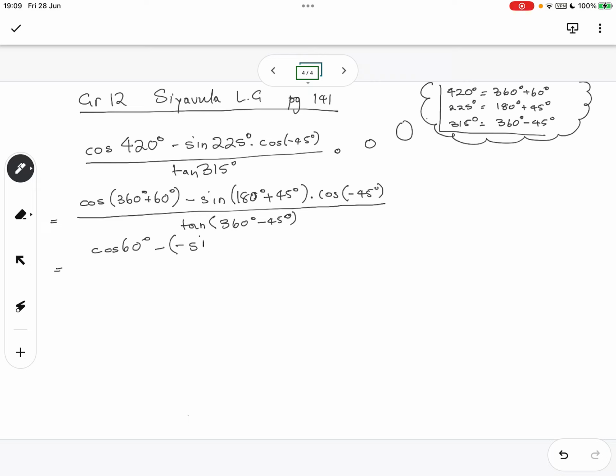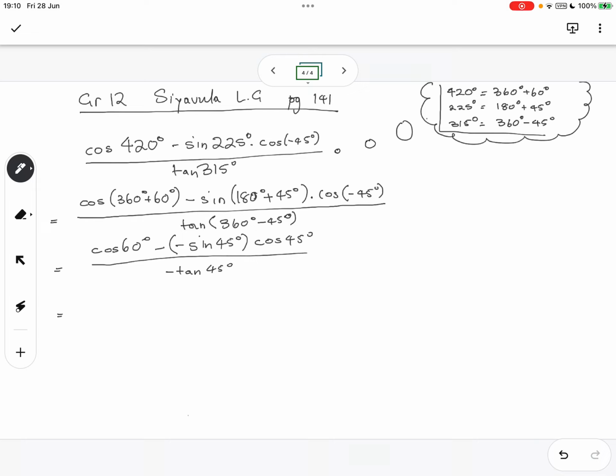So we will have negative sine 45 and cos 45, because the negative 45 is less than negative 90, it puts us in the fourth quadrant where cos is positive. So this just remains cos of 45 degrees. 360 degrees minus is fourth quadrant and tan is negative there. So this becomes negative tan 45 degrees.